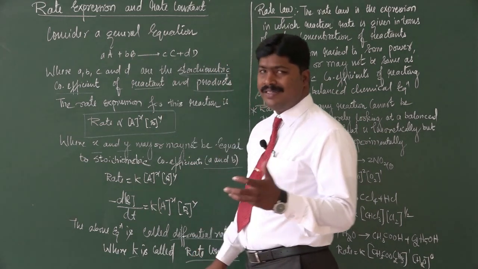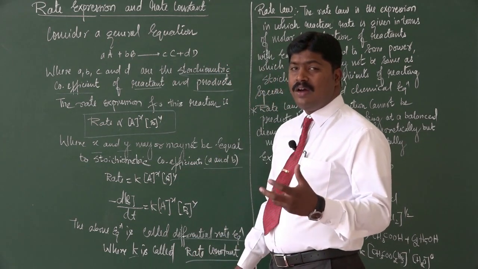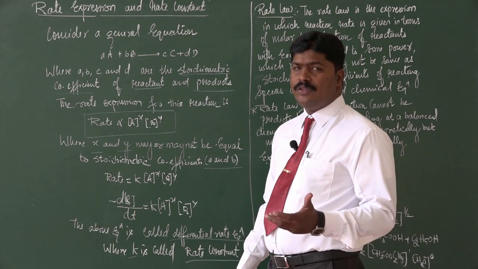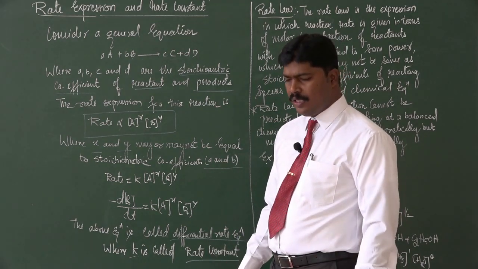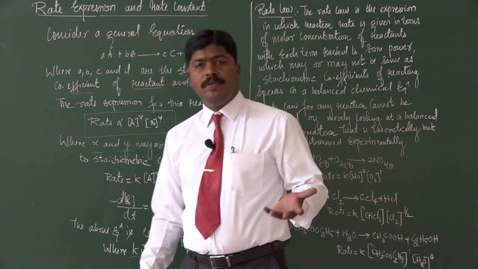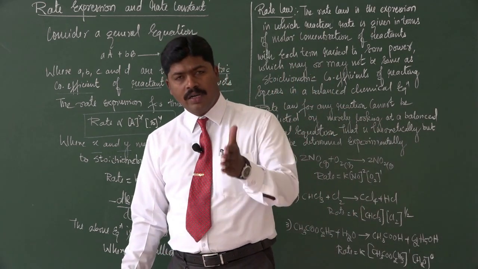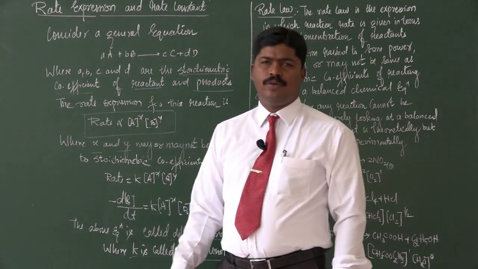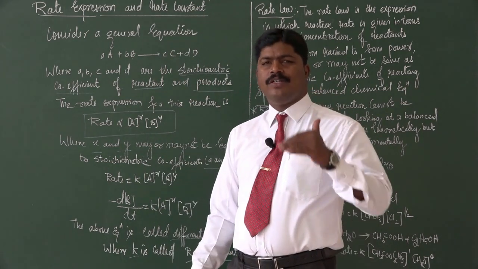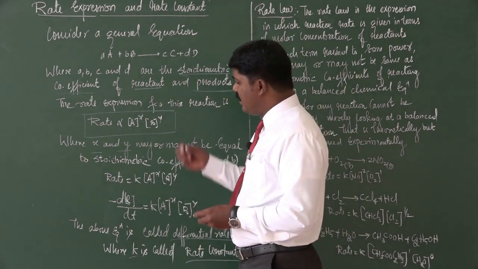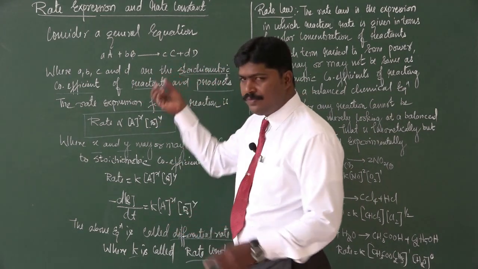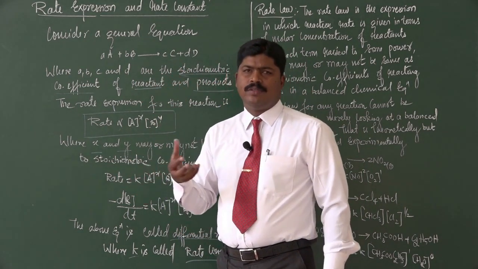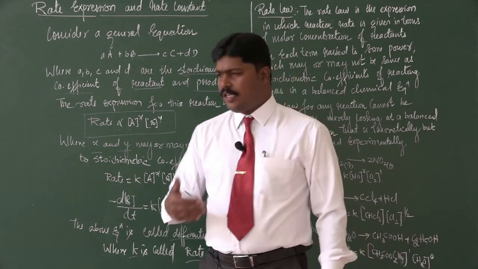Of course, the statement tells it may or may not be equal to the stoichiometric coefficient. What are the parameters that decide when it will be equal and when it will not be equal, so that we write x in the place of a and y in the place of b? We will try to analyze that as our journey continues.